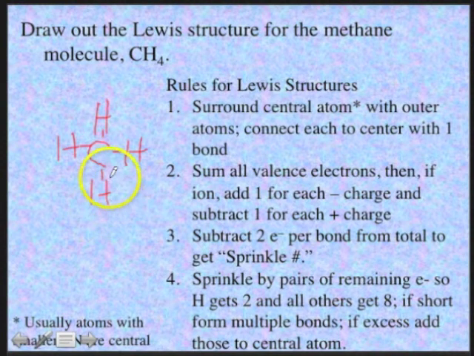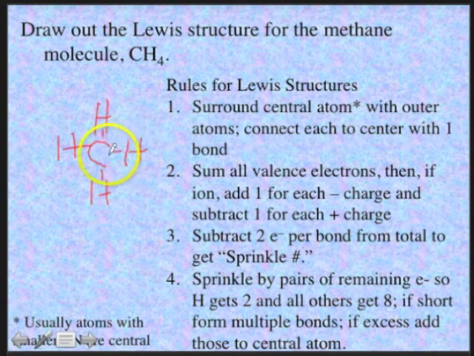And every time we write a dash, that represents 2 electrons being shared between the 2 atoms. Now, the second rule, sum all the valence electrons. Since this is not an ion, we do not have to add 1 for a negative charge or subtract 1 for a positive charge, because this is a neutral atom.